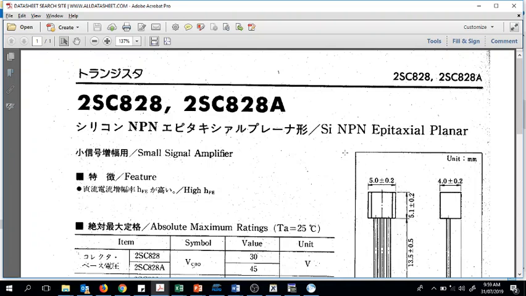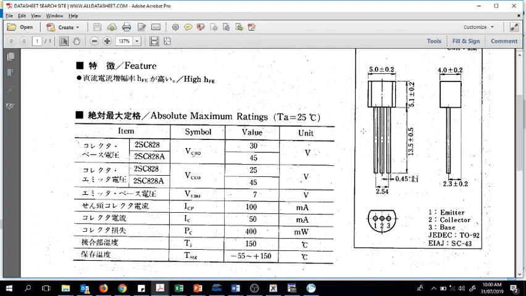You can't actually burn it by doing almost everything. It is that robust. Unless you exceed the current by a large value, the transistor will be safe, not very sensitive to static charges and things like that. Whereas D400 is not that robust, though it can carry a large current. We'll look at the data sheet of that as well.